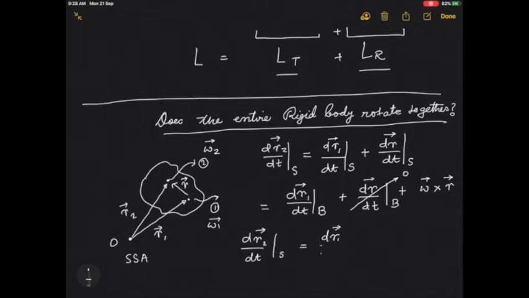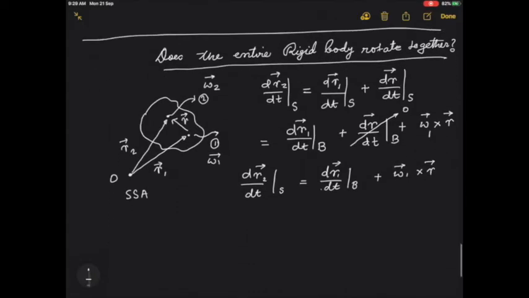So what I get is dr2/dt in s is dr1/dt plus, since this is a rotation with respect to the point 1, I call it omega 1, the instantaneous angular velocity, omega 1 cross r.